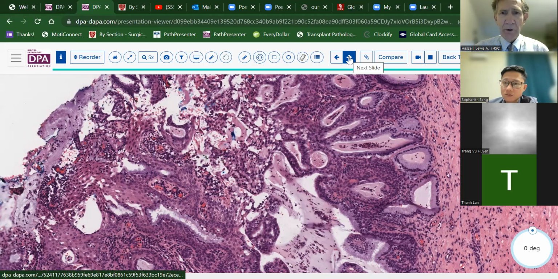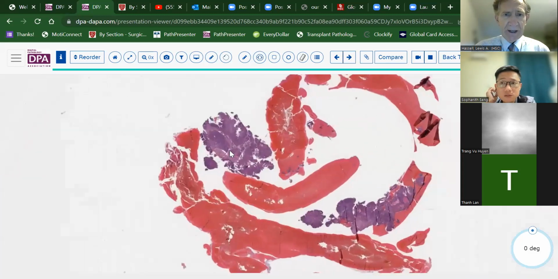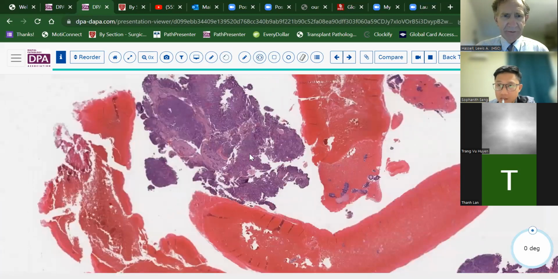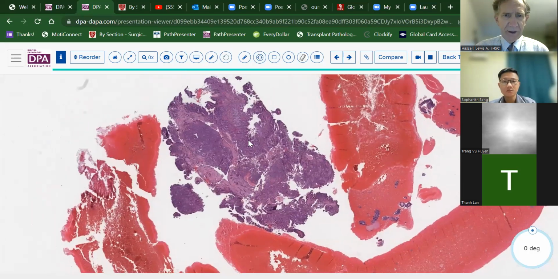All right, well, let's go on to another case. Here is an endometrial biopsy. And at low magnification, we can see that this is not normal endometrium. We have a lot of solid and bluish material. We see a little bit of architectural variation.